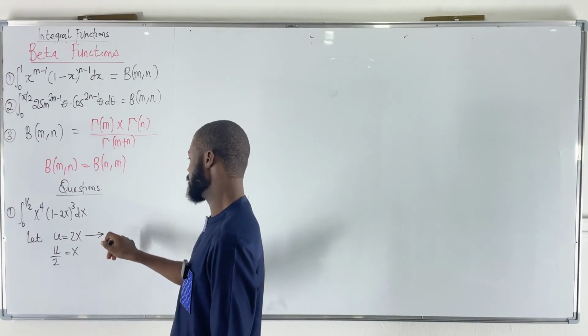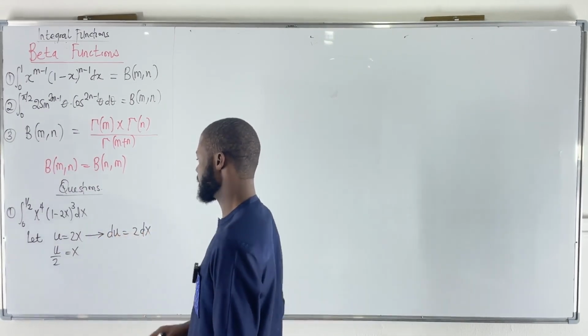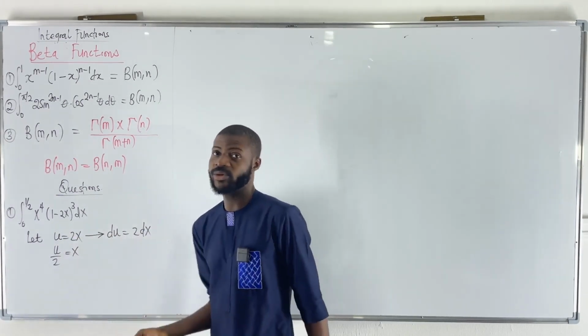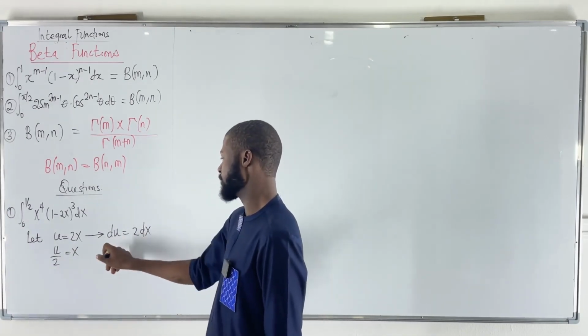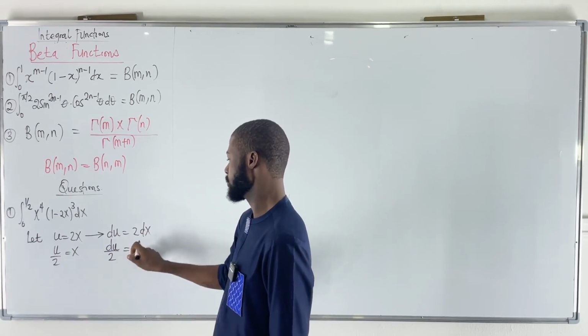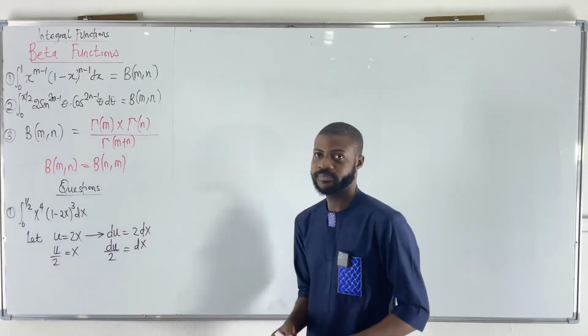Then, if you differentiate, du is equal to 2 dx, because when you differentiate 2x, you're going to have just 2. Then, to get the value of dx, you divide both sides by 2. So, du over 2 is equal to dx.